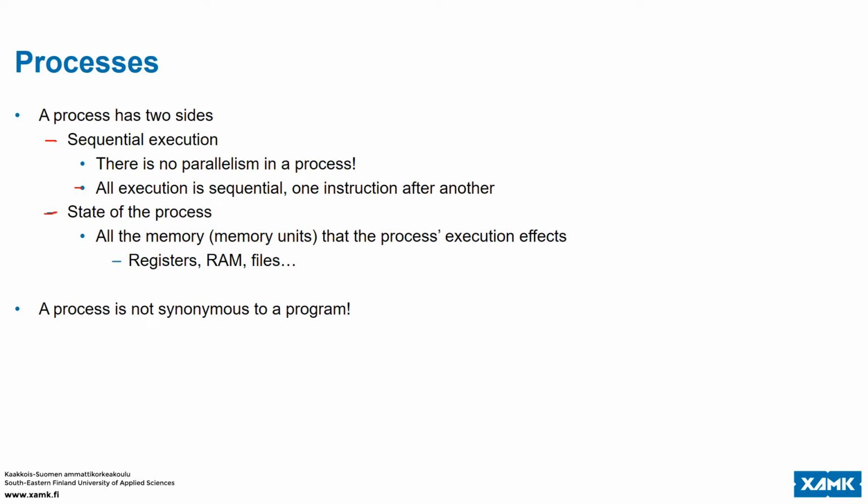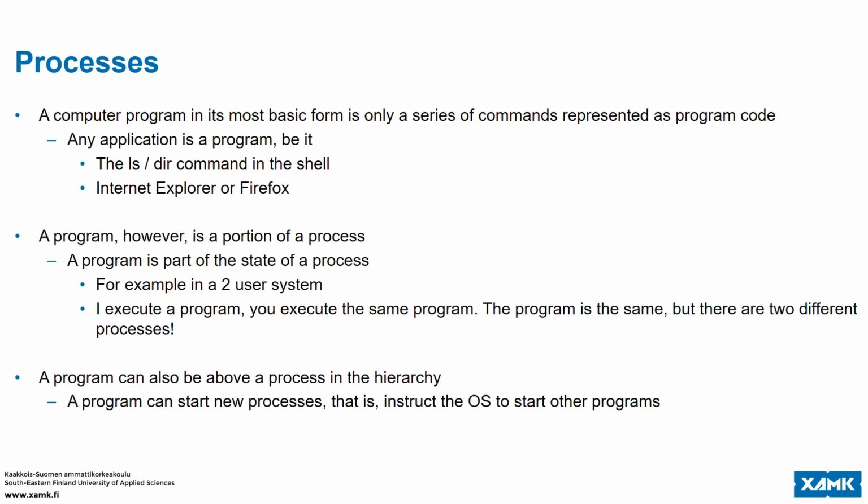Another thing to remember is that a process is not the same as a program. And this is a very important distinction for a couple of reasons. For now, just remember process is not the same as a program. We differentiate between processes and programs for a couple of reasons, but let's just head to what it means in practice.